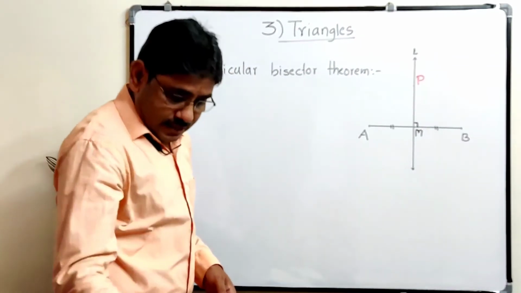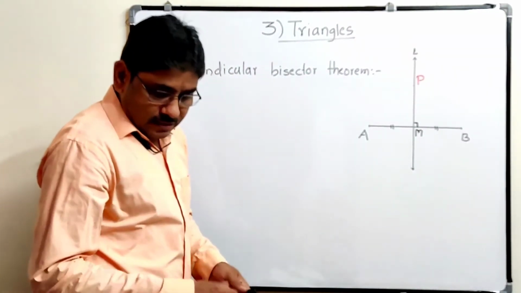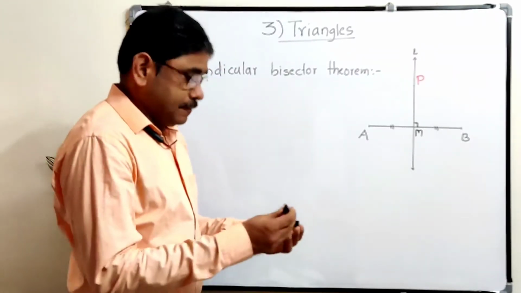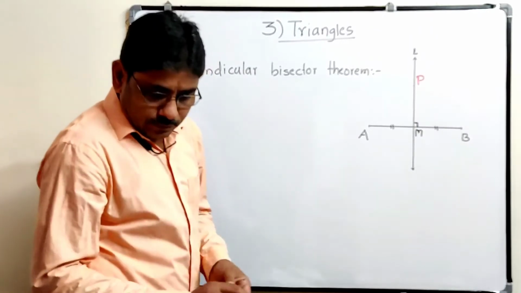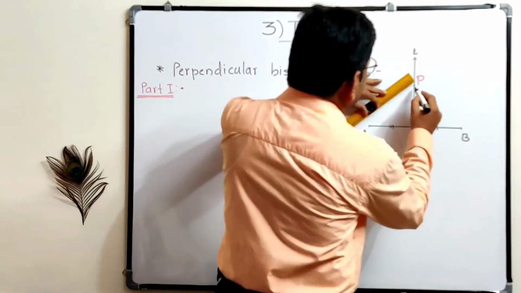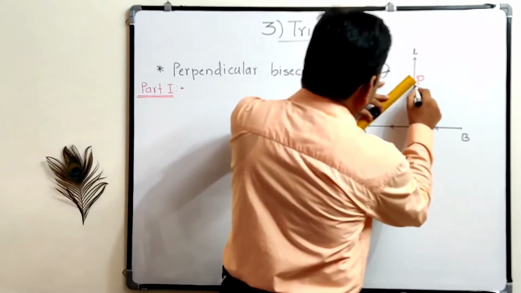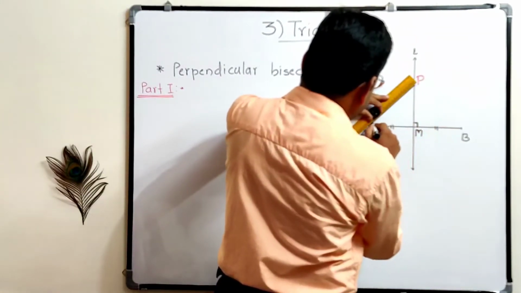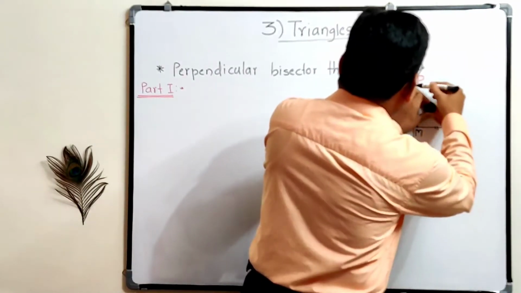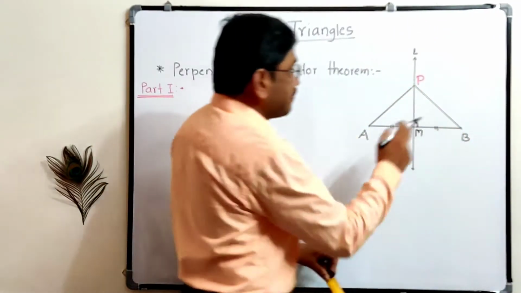That the point is equidistant, means at equal distance from A and B. So here if we take P as a point on this perpendicular bisector, then we have to prove PA is equal to PB, means it is equidistant from the endpoints of the segment.